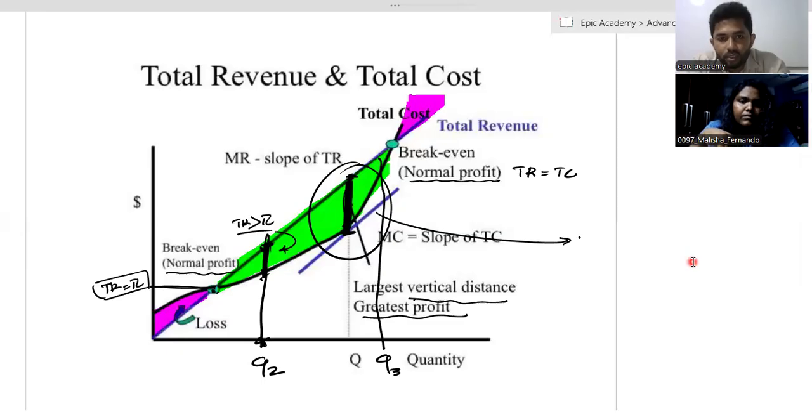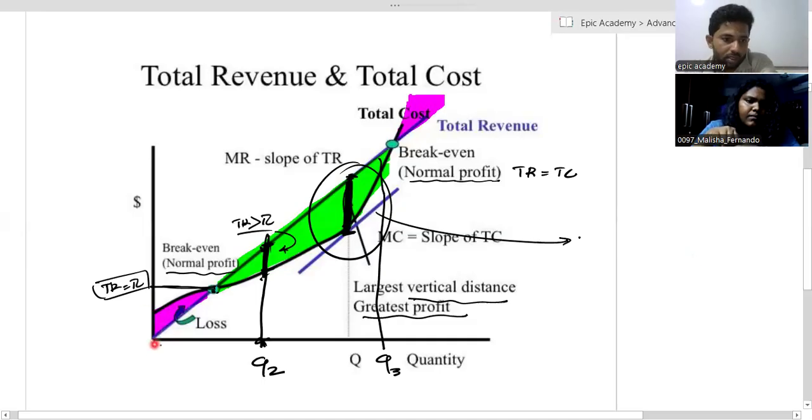According to the behavior of total revenue and total cost curves, the earning can change. At the starting point, we know that total cost is always taking greater value than total revenue. This is the normal situation for businesses, isn't it? Yes. After the break-even point, you are getting normal profit, that means total revenue equals total cost. After increasing the production, you can earn supernormal profit.